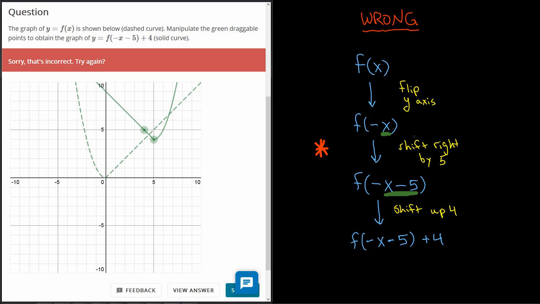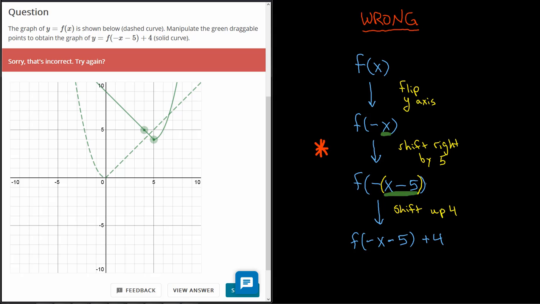But if you really want to shift right by 5, then this entire x has to turn into x minus 5. And that means that this negative sign that is affecting the x has to affect the whole thing. The entire x is getting replaced by x minus 5, and so the negative sign has to affect both of those things.